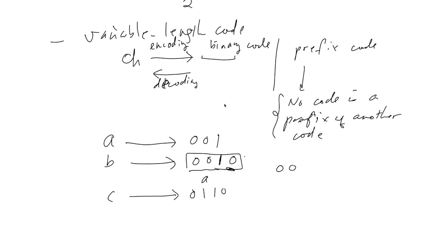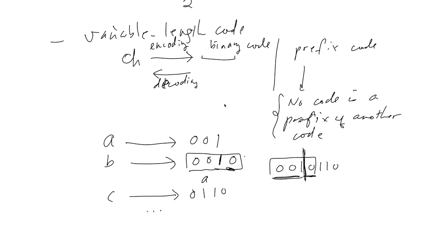Let's say I have this binary string, and I read 001. Do I know this is A or not? Since it's variable length, I would either keep on going and say this is 0010, is this a B? Is this portion B, or do we use this portion?